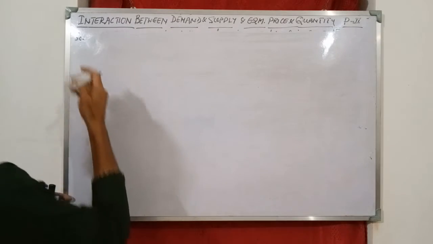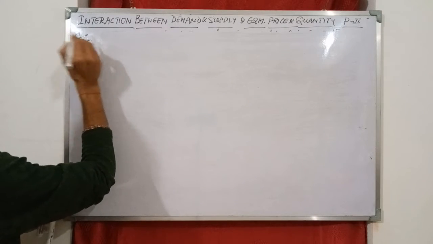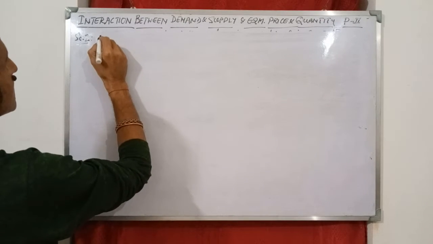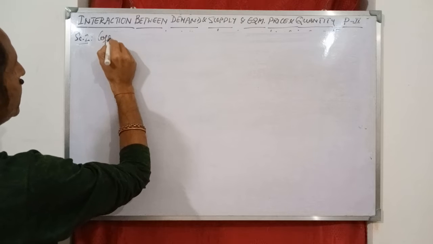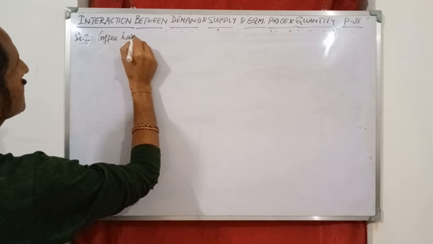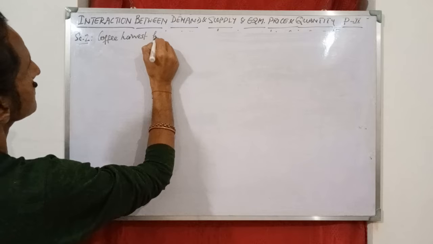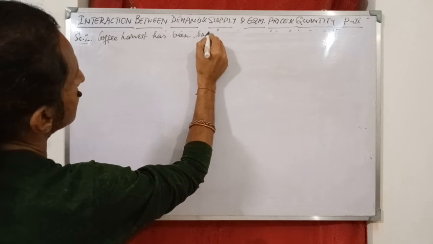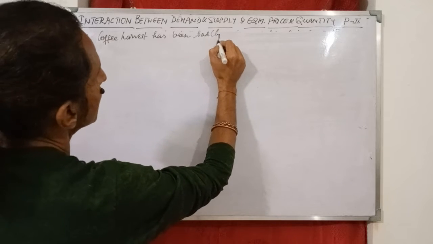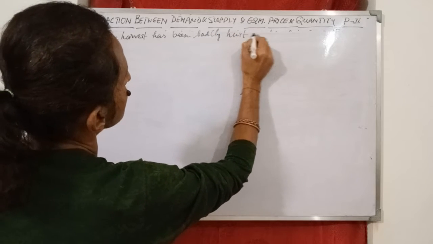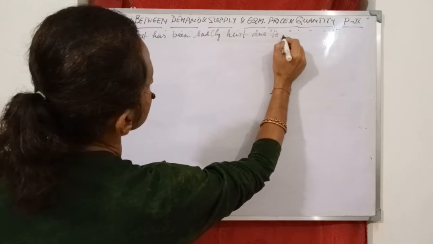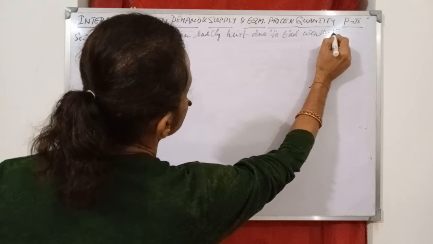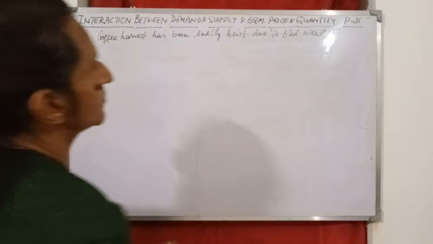What is scenario 2? Coffee harvest has been badly hurt due to bad weather.